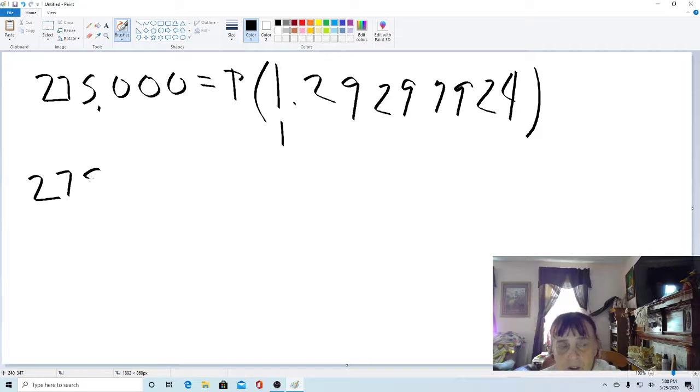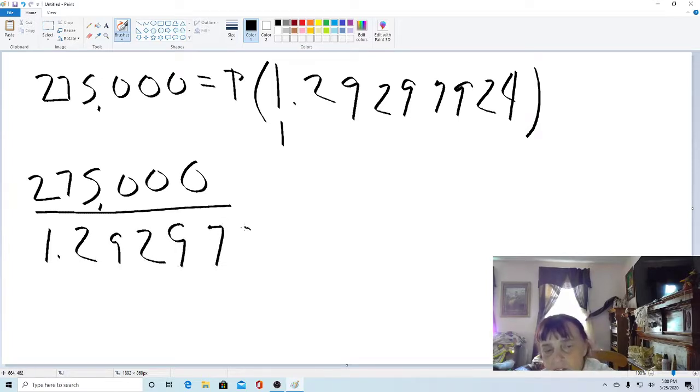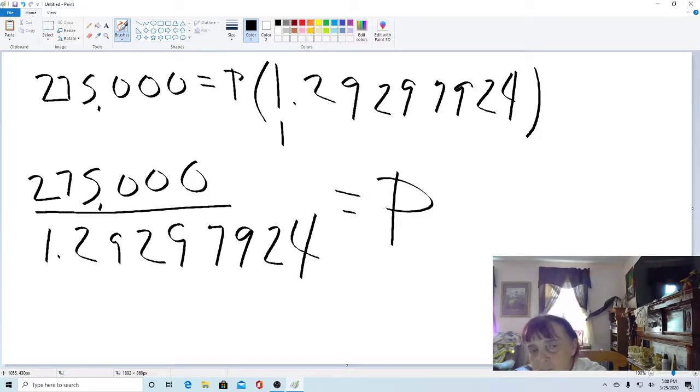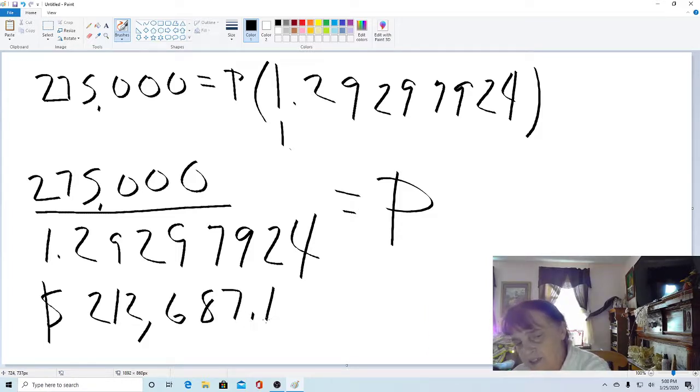So you have 275,000 divided by 1.29297924 equals P. Okay, this little mark here isn't supposed to be there. And if you divide that out, you'll get the final answer for $212,687.10.